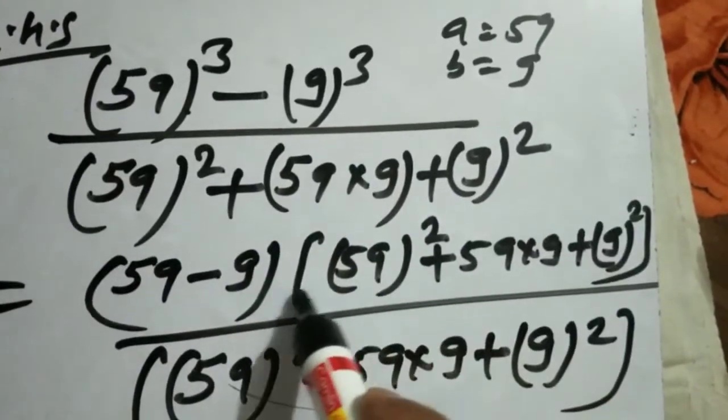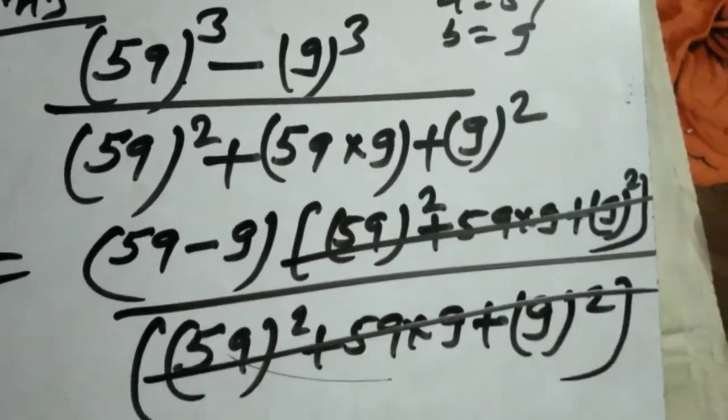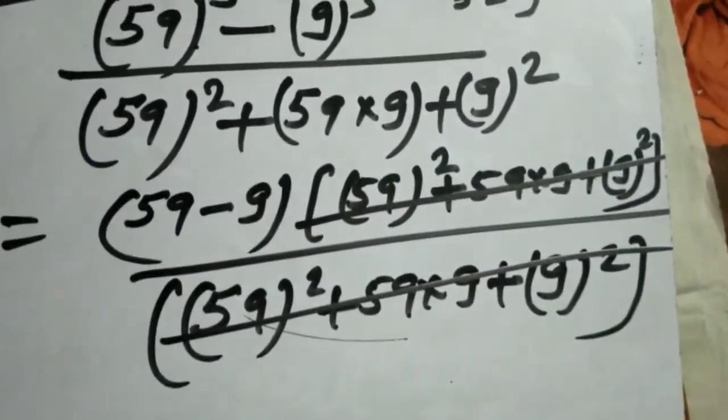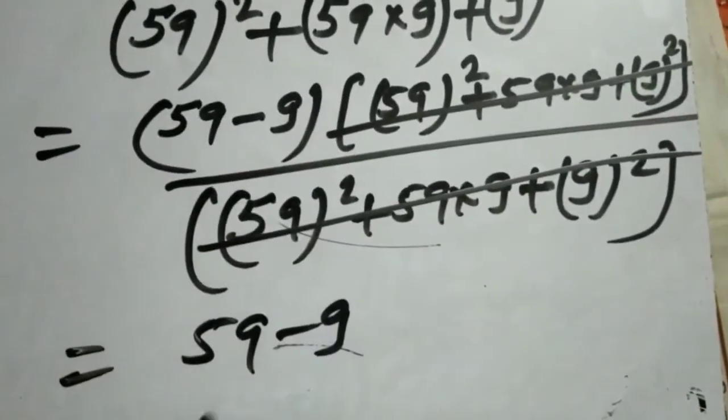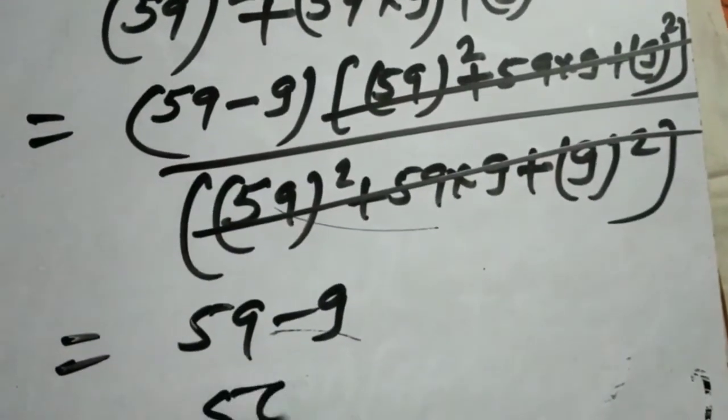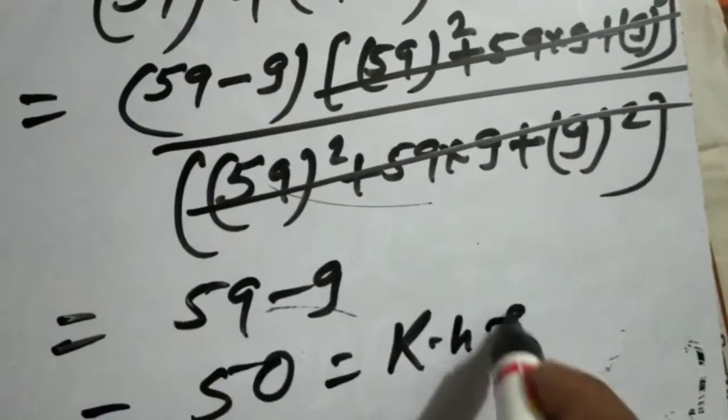You can see this expression and this expression are same, so this will be cancelled. Then we are left with 59 minus 9, which is equal to 50, which is your RHS.